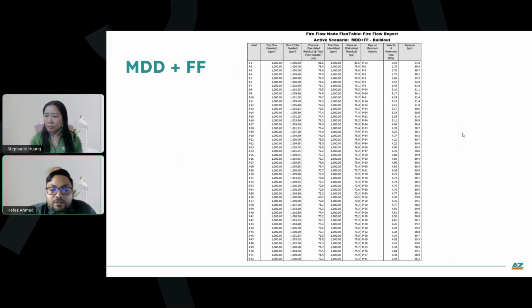In the second column, fire flow required is the calculated demand, and the simulation gives the fire flow available. The fire flow available at the fire hydrant needs to meet the calculated demand or exceed it. In this example, we used 1000 GPM, which is a typical example for residential fire flow demand.